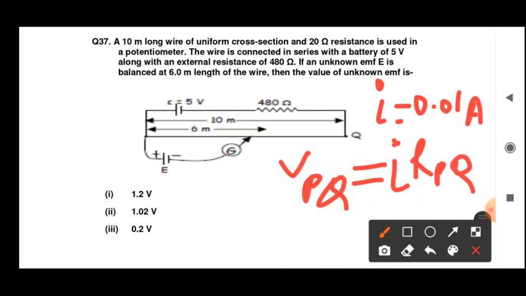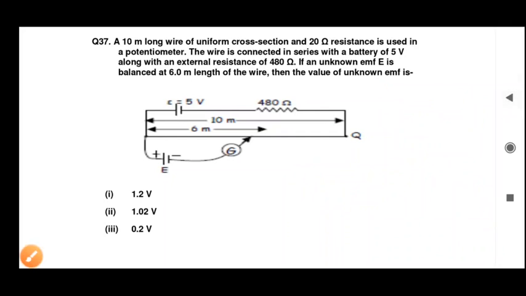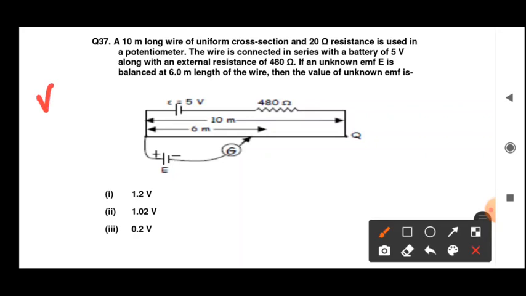RPQ is given already in our question, that is 20 ohm. Then for that 20 ohm we can calculate the potential across PQ, which will be equal to 20 into 0.01. If you solve, this is 0.2 volt potential that we will observe here.